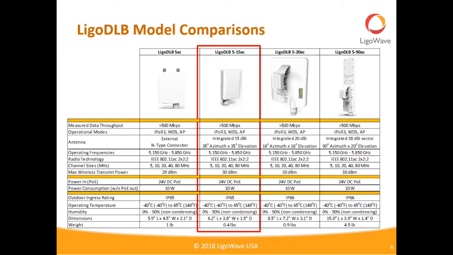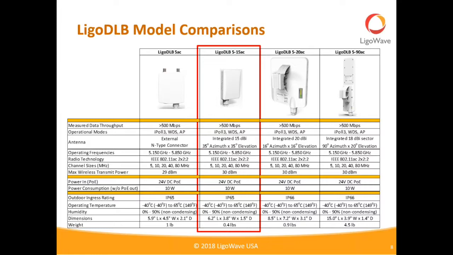The 515AC, which we'll talk about, has an integrated panel antenna that's 15 dBi, and it's a 35-degree beam width horizontally and vertically. We have a higher gain version of this called the 520, which is a little bit bigger and is designed for a bit longer distances. That has a 20 dBi panel antenna in it and with a 16-degree field of view.